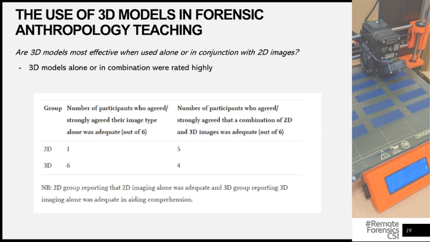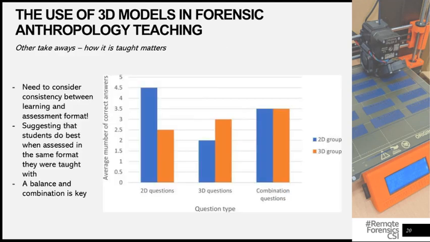And when they were asked about a combination, all students agreed, regardless of which group they came from, that seeing 2D and 3D images together was useful. When they had questions that had both the 2D and the 3D model, they found it easier to answer. So that's great. It seems like supplementing our teaching with 3D models could be really useful.